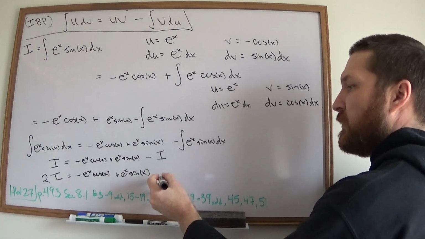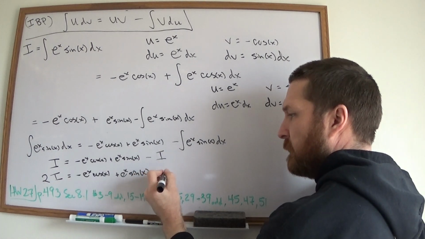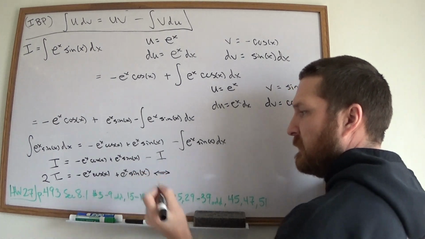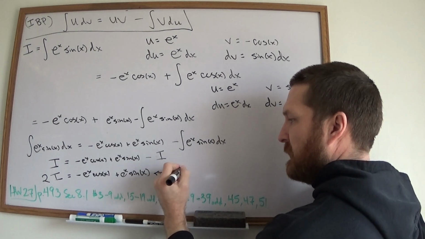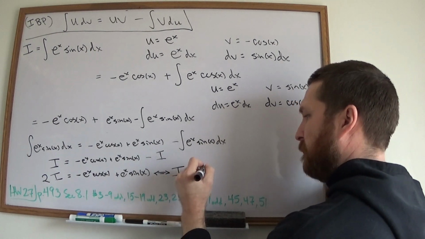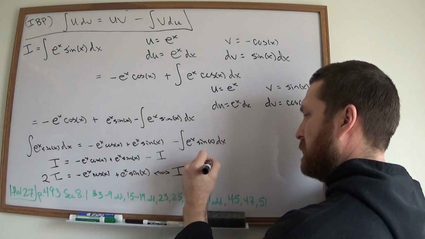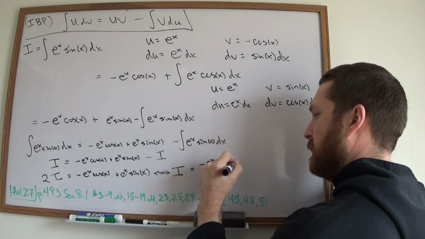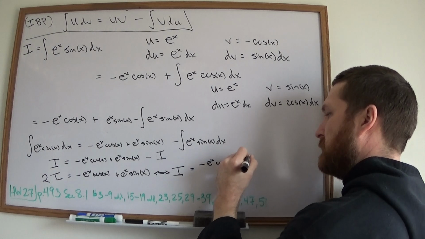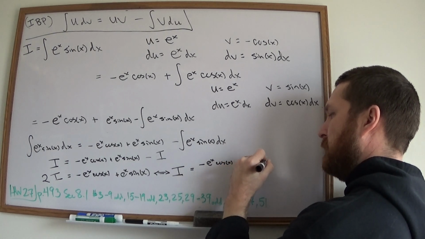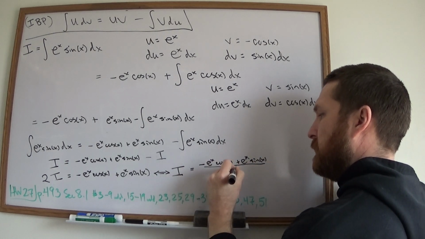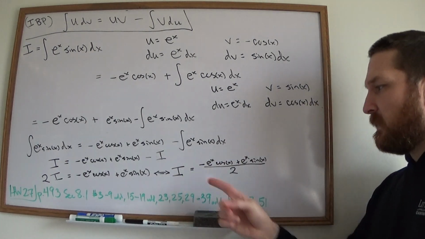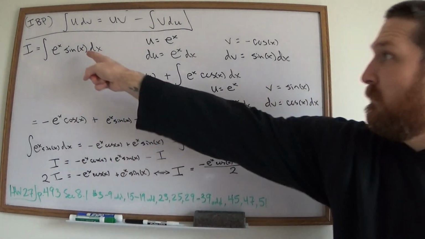I'm running out of room here, so I'm going to do something like this. This is the same thing as if I divided both sides by 2, giving me minus e to the x cosine plus e to the x sine all over 2. And that is that.